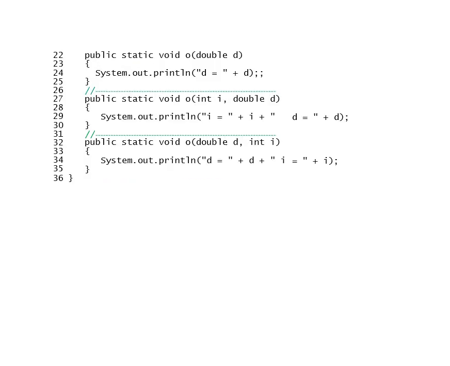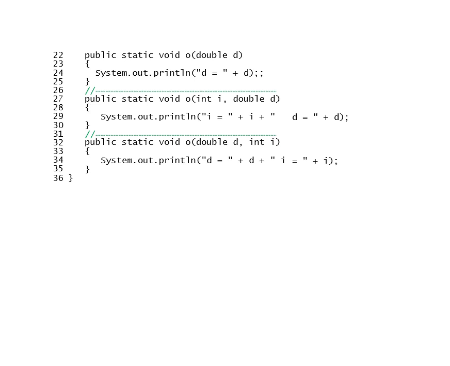And then continuing, the one on line 22 is going to be the one that's called by the call that has a single double argument. And then on line 27 is the method that's going to be called by the call that has an int argument followed by a double argument, 2 and then 2.0, right?